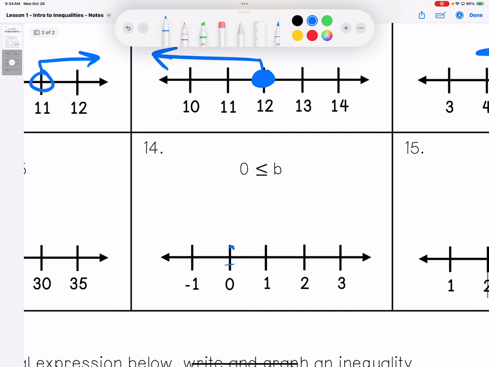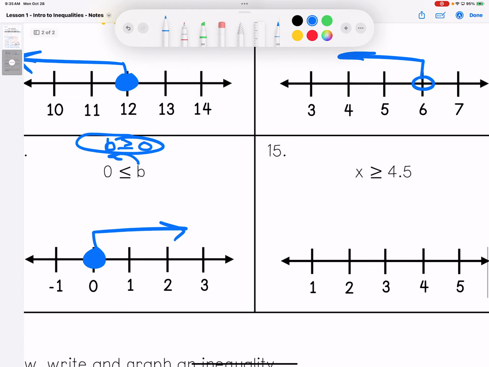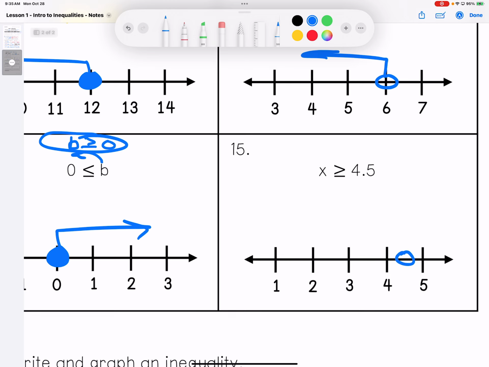The next one is a closed dot on 0, and it is actually going to be greater than, so it's going to flip, because you need to put the variable on the other side if you're going to use that strategy we talked about earlier. So it needs to look like that. And the last one, 4.5, is somewhere right in there, and it is all numbers greater than 4.5. So it shall look like that.